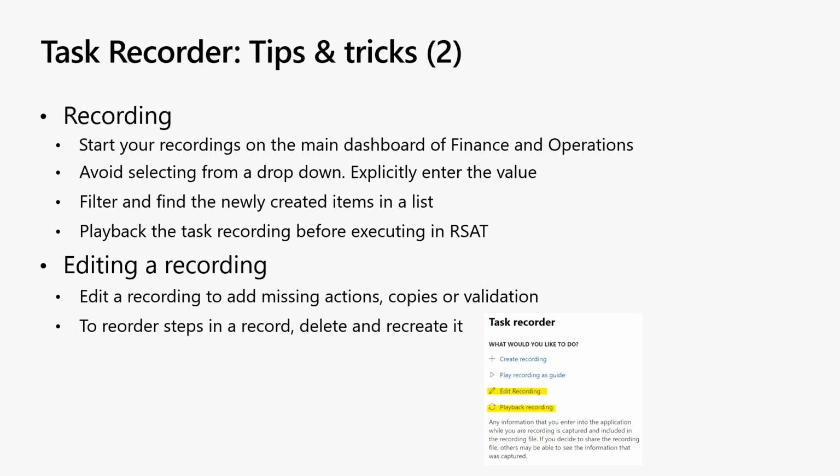Another thing is, when someone records, let's assume you are giving your business users the ability to record and you train them, business key users, to record what they do, their tasks. They probably will not take care of creating variable copies or validation, etc. We are just giving you an ability to edit some recording.